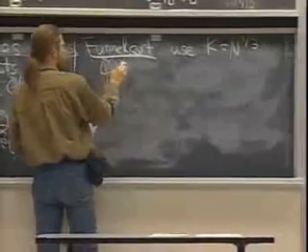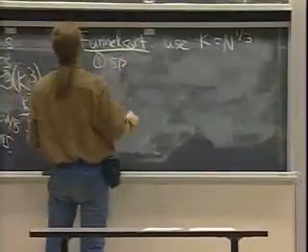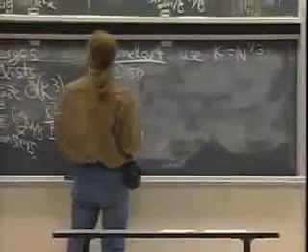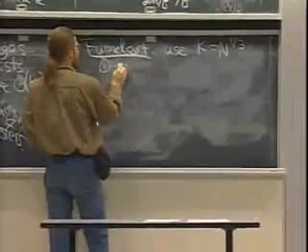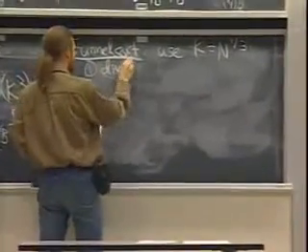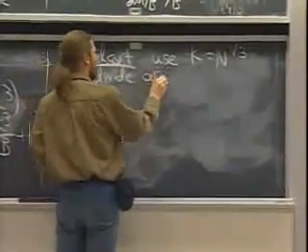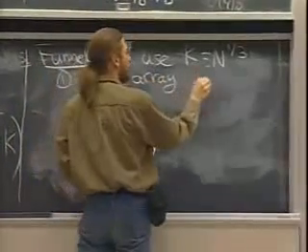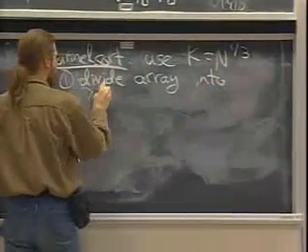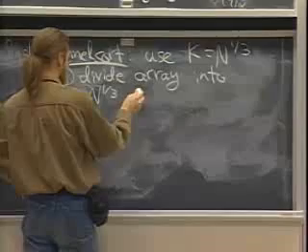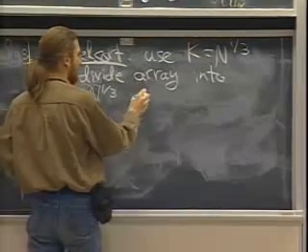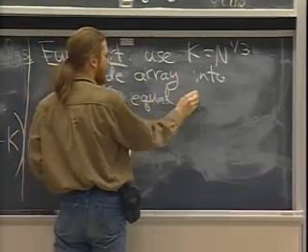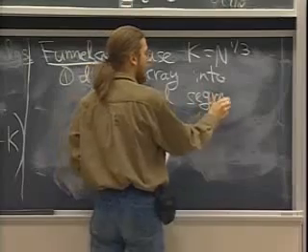So what do we do? It's just like here. We're going to divide our array into n to the 1/3 consecutive subarrays. I'll call them segments of the array.